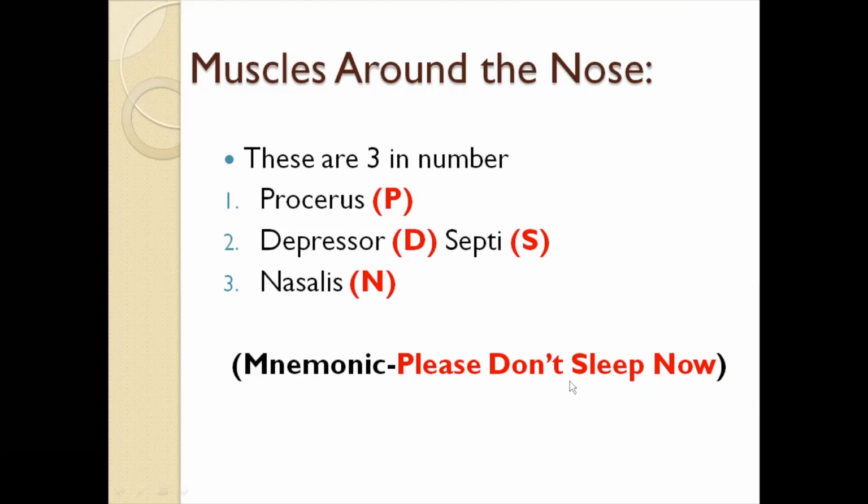Whenever you yawn, or feel any sort of anger or frowning, your nostrils get expanded. In that case, the muscles around the nose come into action. So remember "please don't sleep now," and whenever you feel sleepy, you yawn. P stands for procerus, "don't sleep" for depressor septi, and "now" for nasalis.